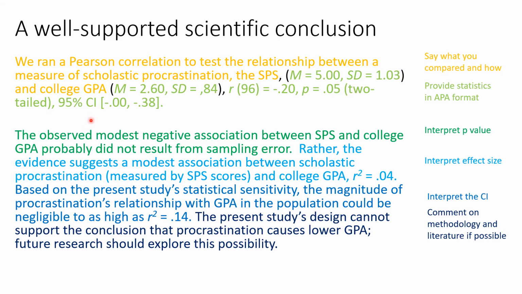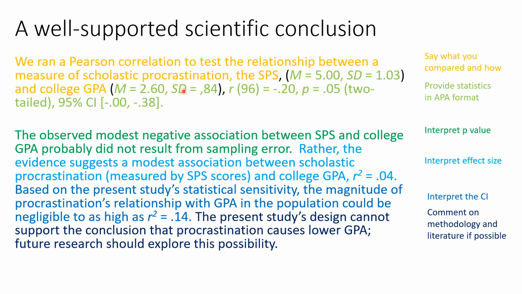So in this case, we ran a Pearson correlation to test the relationship between the measure of scholastic procrastination, the SPS, and college GPA. So that's basically what I did. That's the statistic I ran and the variables I was comparing.